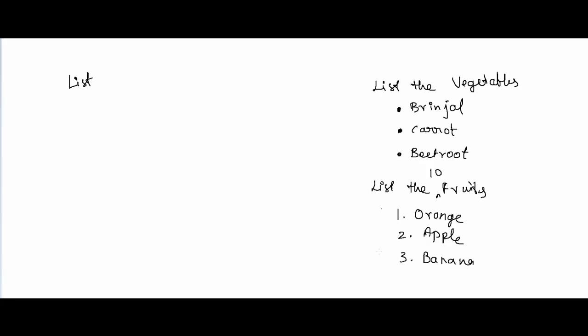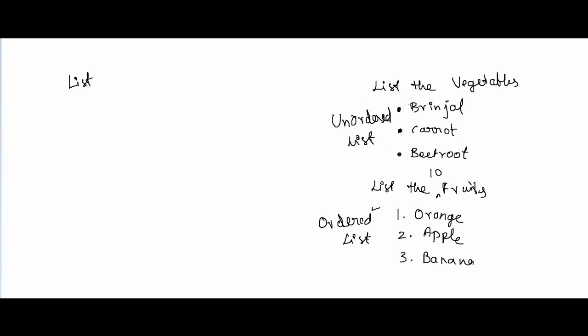Okay, so likewise we are listing with count. So we have two types of list. One is unordered list, another one is ordered list, right? So unordered list, ordered list.